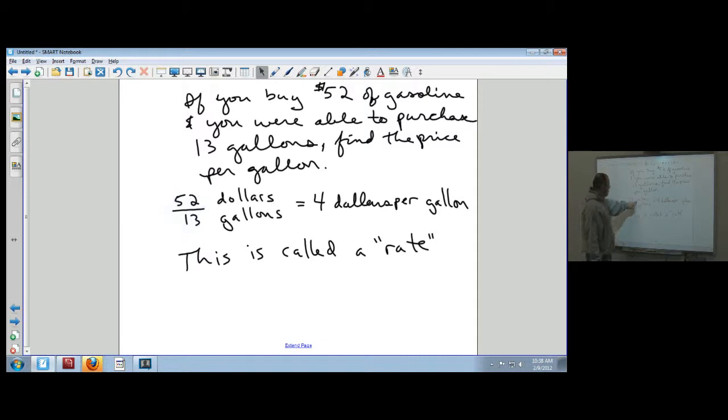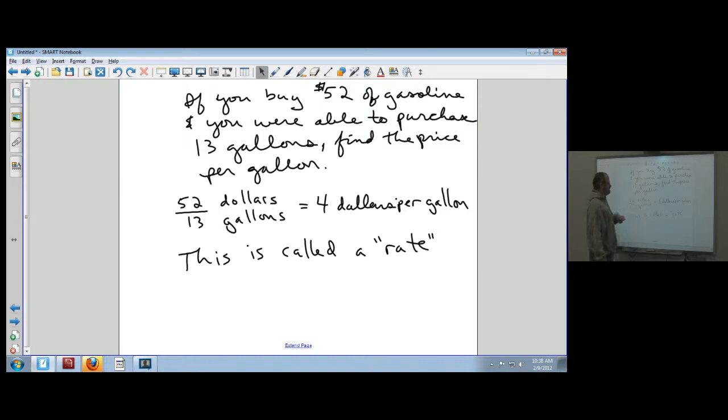But what's important is that we keep in mind our units of dollars over our units of gallons. When we do that, we then calculate it and do our division. We end up with $4 per gallon.